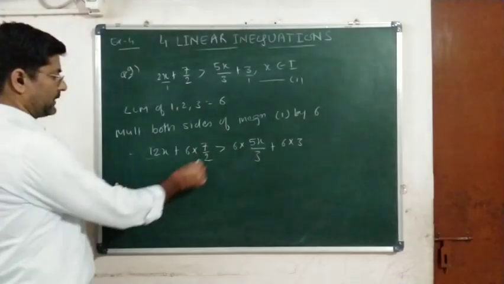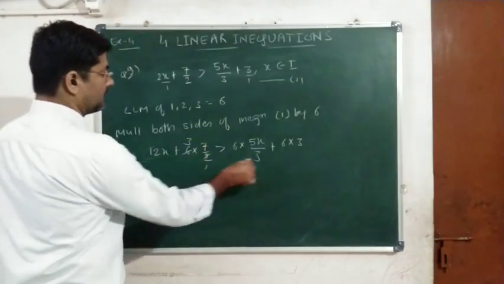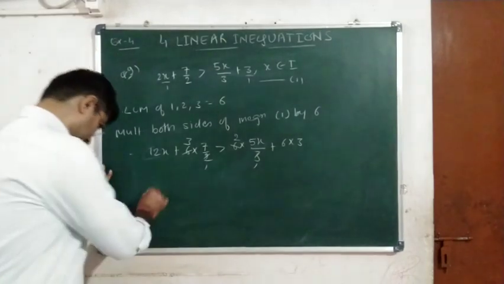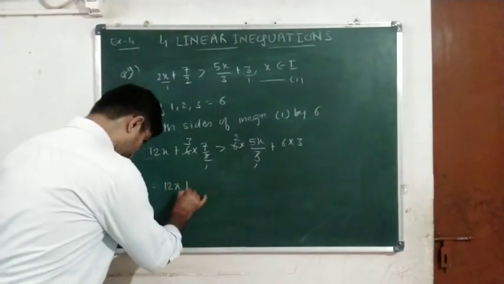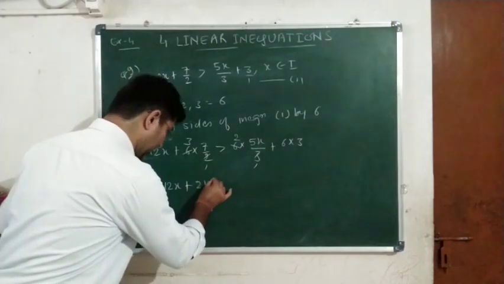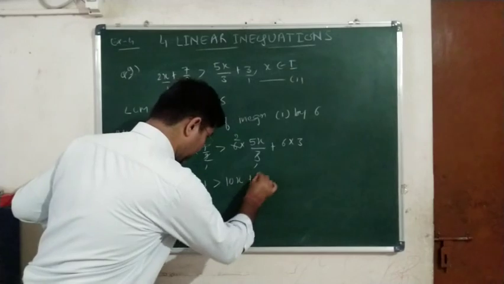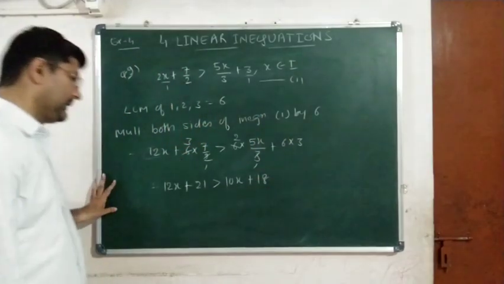Clear? Now we can reduce. 2 1s are 2, 3s are 3, 1s are 3, 2s are 12x. Therefore 12x plus 7 3s are 21 is greater than 5 2s are 10x plus 6 3s are 18.